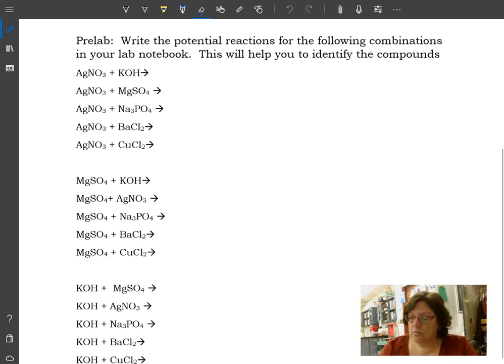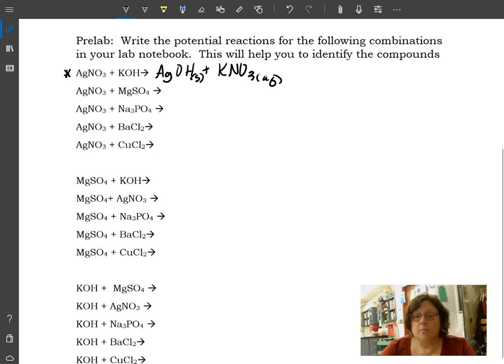So we're going to start with all the silver nitrate possible combinations. Silver nitrate and potassium hydroxide: the silver would recombine with hydroxide and the potassium with the nitrate. Potassium would be soluble, so silver hydroxide is what's going to be insoluble and will precipitate.